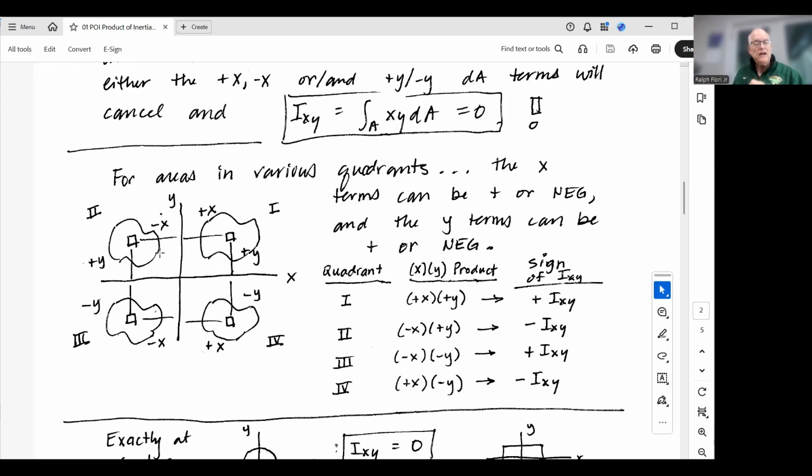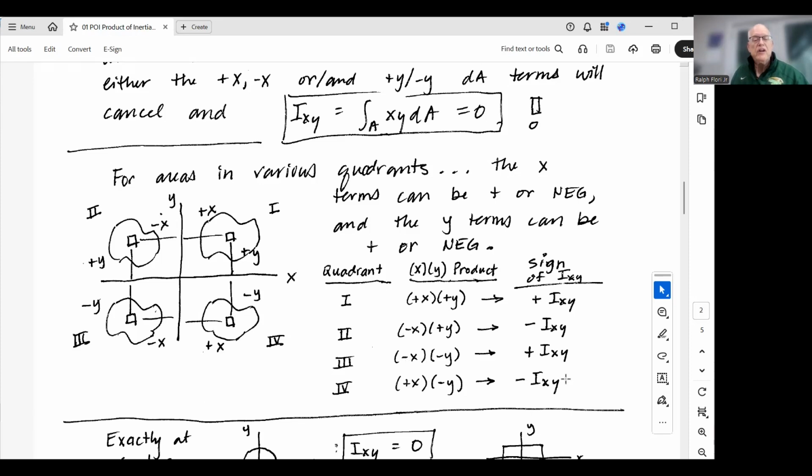For an area in quadrant 3, the X's are negative, the Y's are negative, so the product of negative X times negative Y is a positive IXY. And finally, for an area in quadrant 4, the X's are positive, the Y's are negative, and so the product of positive X and negative Y gives you a negative IXY.